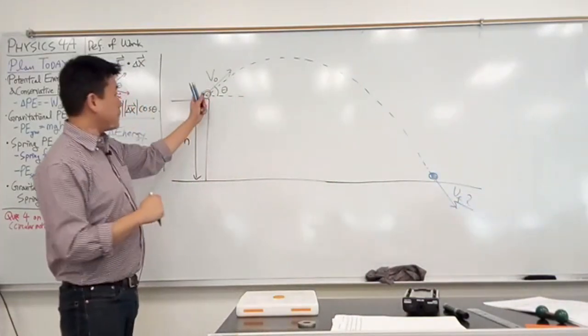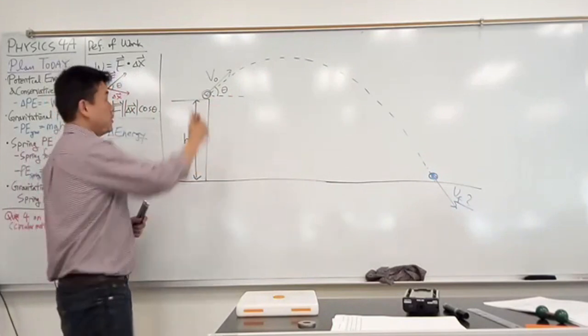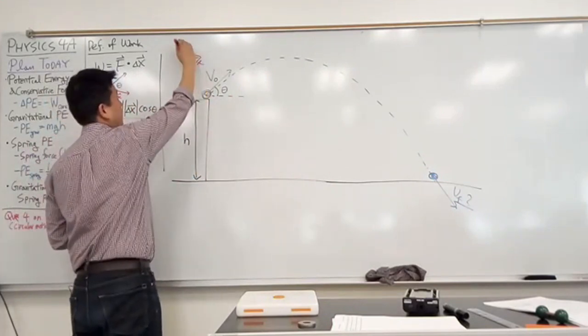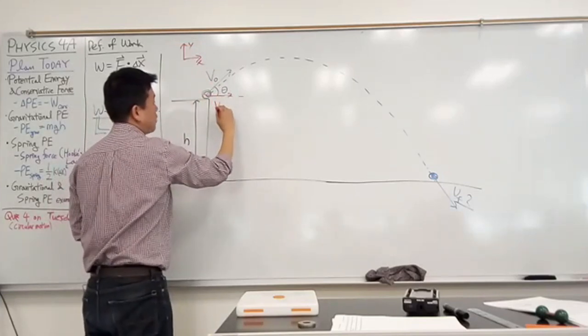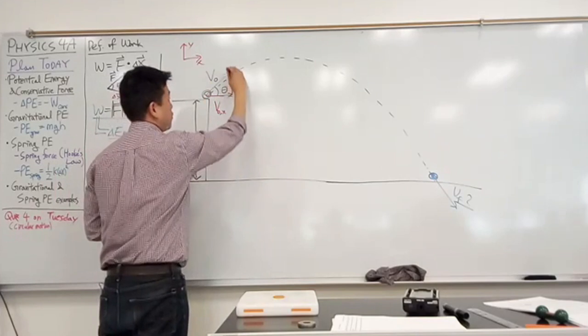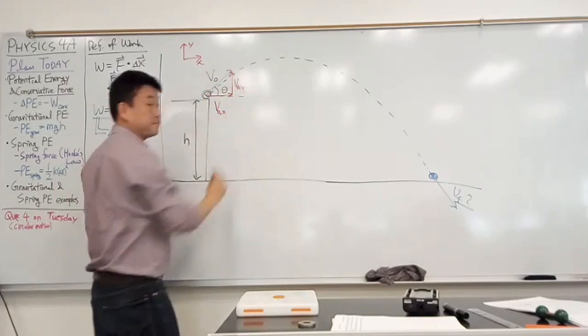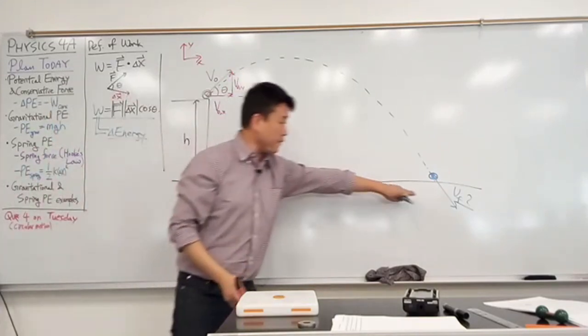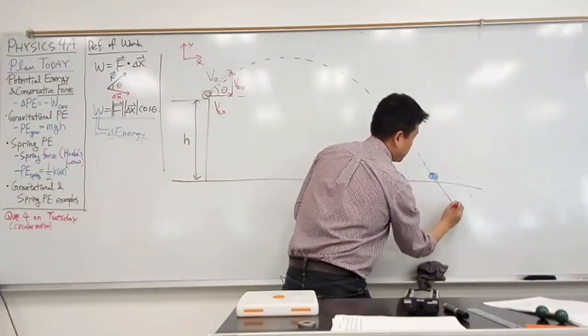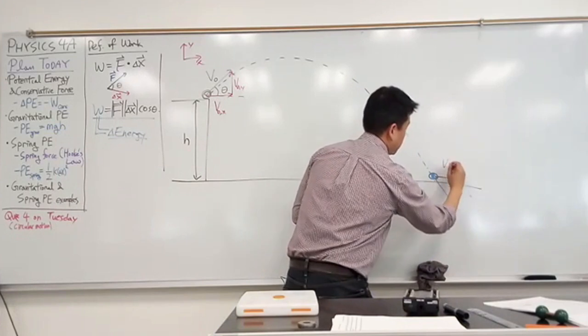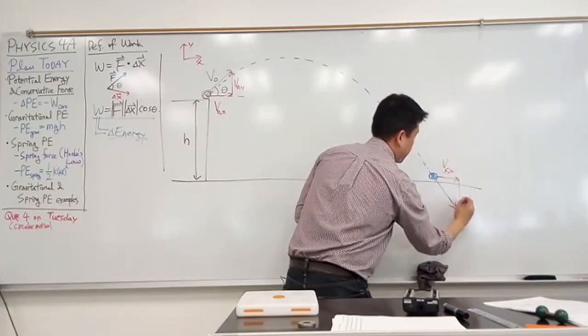So this is how I'm going to do it. I'm going to break this up into components. Define x and y coordinates. Initial velocity is going to have an x component and a y component, right? Final velocity, same thing. It's going to have an x component and a y component.